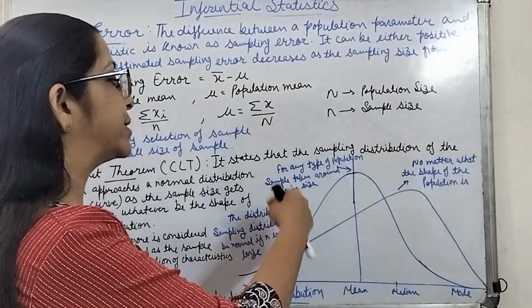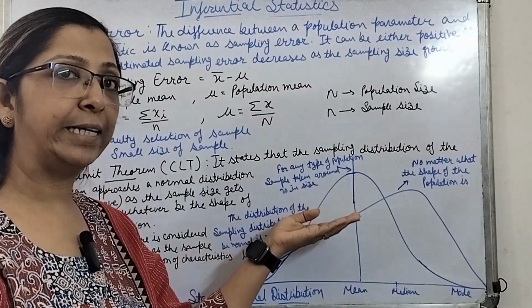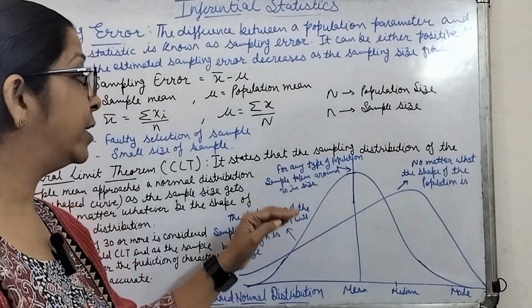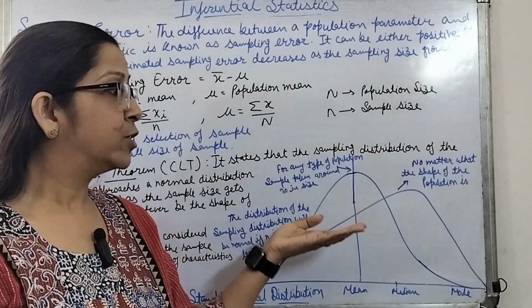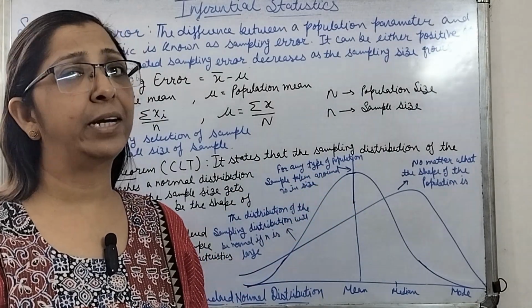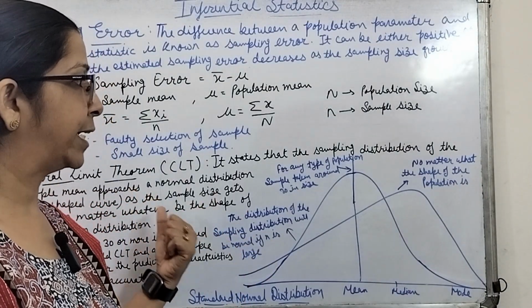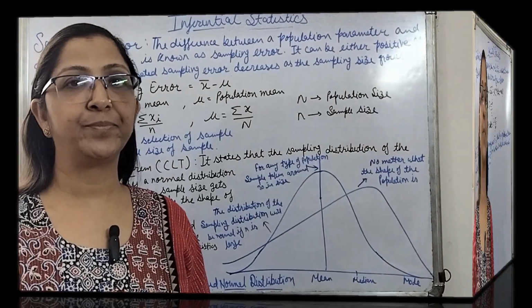If we keep increasing the sample size even more, then whatsoever characteristic we are calculating for the population will be accurate, because we have taken a large sample size, whether it is mean or variance or standard deviation, whatsoever measurement characteristic we are calculating, it will be accurate for the population.